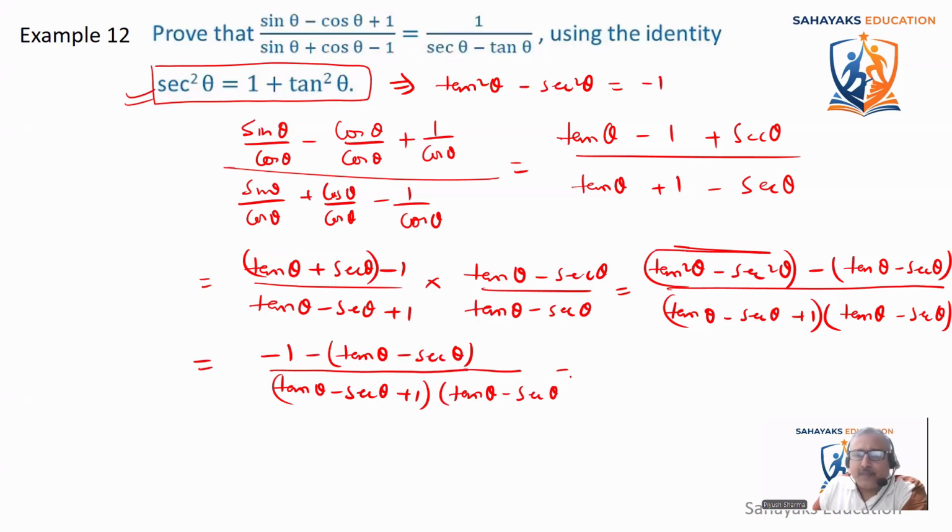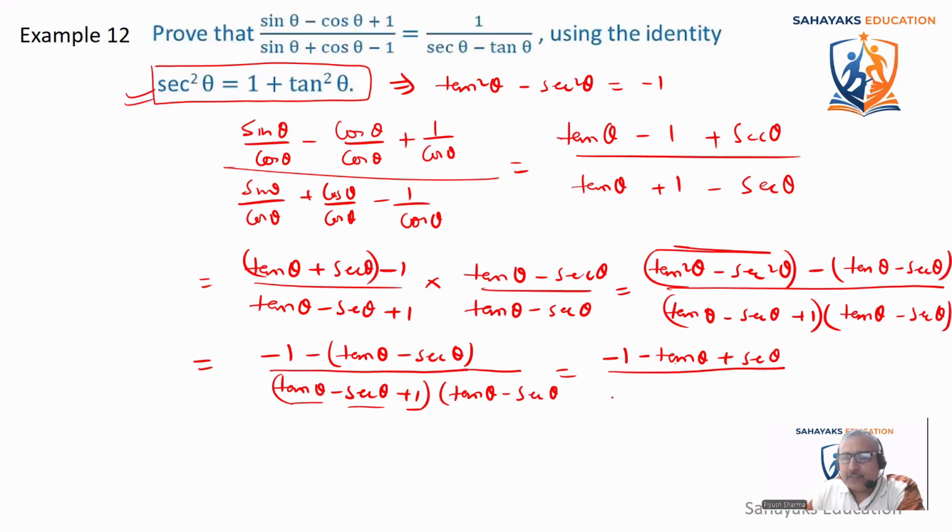So I'll just open it. It becomes minus 1 minus tan theta plus sec theta, divided by, okay, if you see, minus 1, tan theta, sec theta, and at the denominator we have tan theta minus sec theta and plus 1.